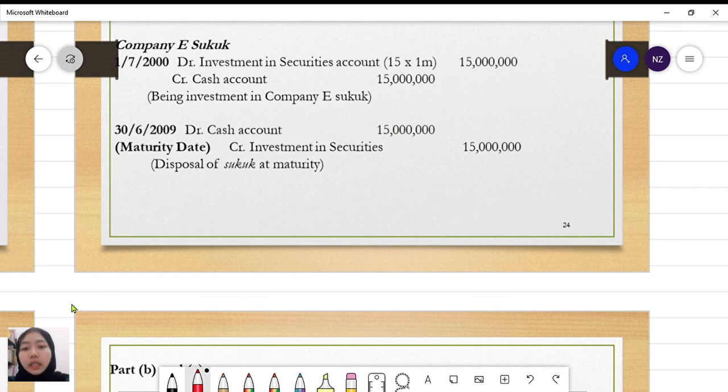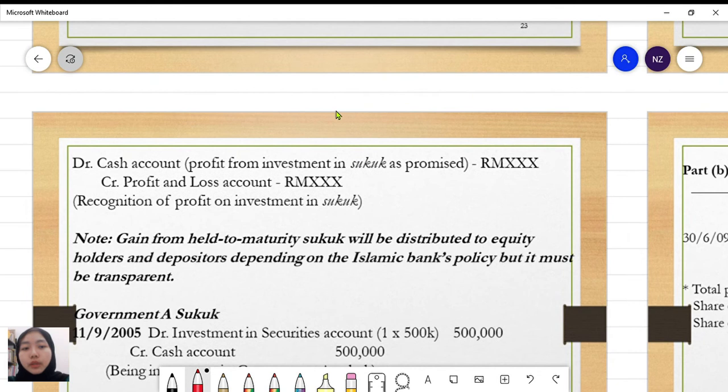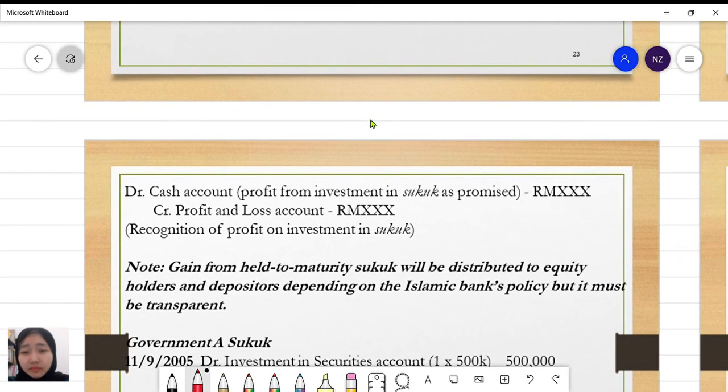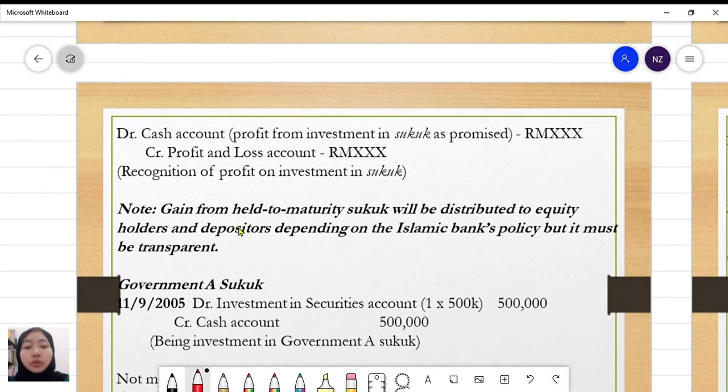And then like I said, we have to record its profit. So this is how you record the profit. Debit cash, the same, credit profit and loss account. But for the figures here, it says gain from held to maturity sukuk will be distributed to equity holders and depositors depending on the Islamic bank policy, but it must be transparent.